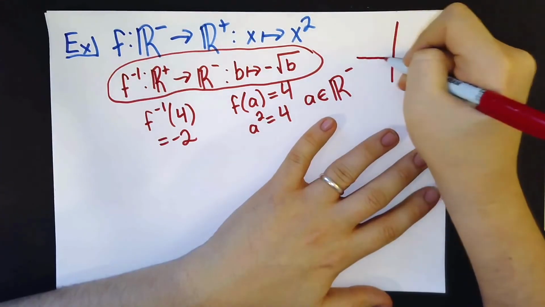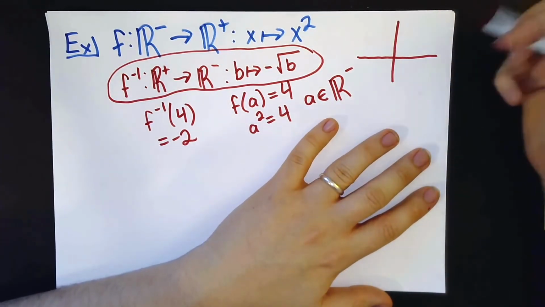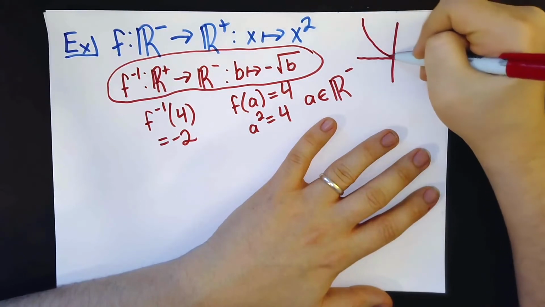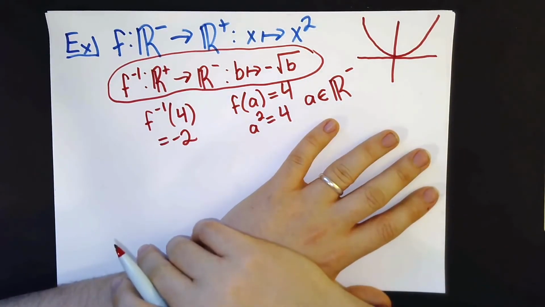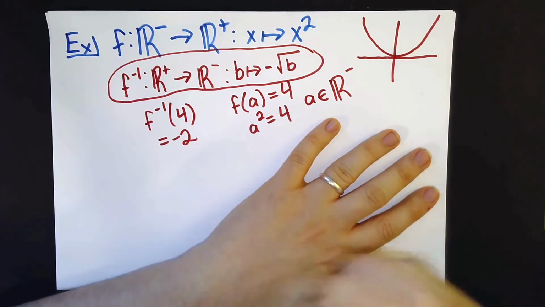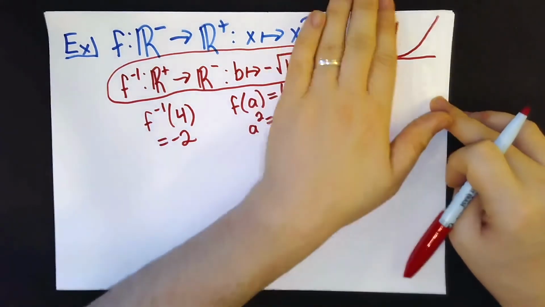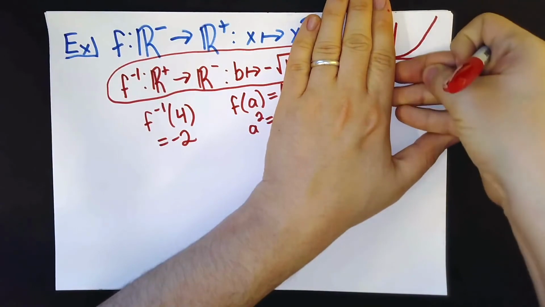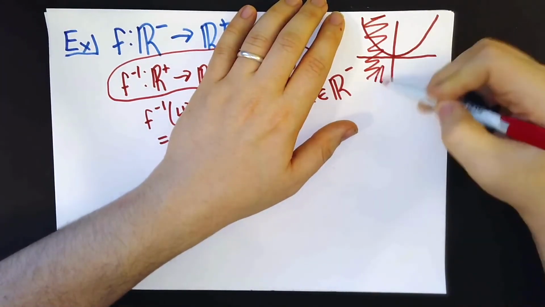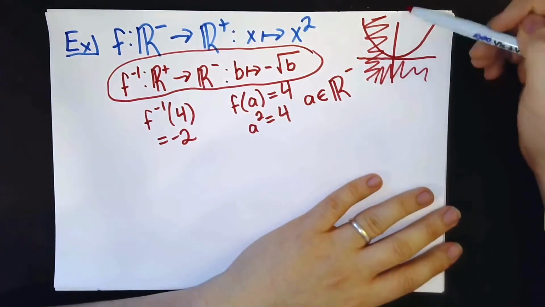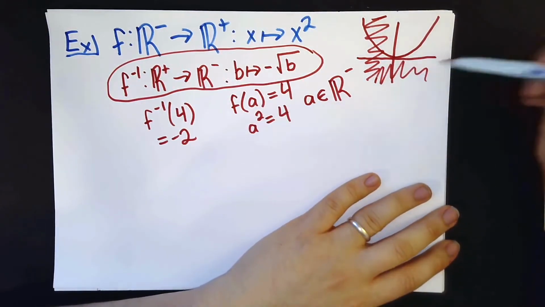So what really just happened here amounts to that we restricted the domain of x squared differently. So normally when we restrict the domain of x squared, as we did earlier, we say, okay, I'm just going to chop off the negative inputs and the negative outputs and be left with just this function from R greater than or equal to 0 to R greater than or equal to 0.